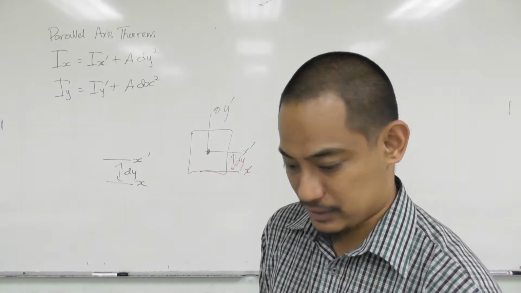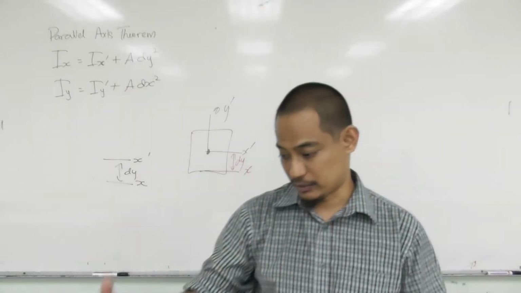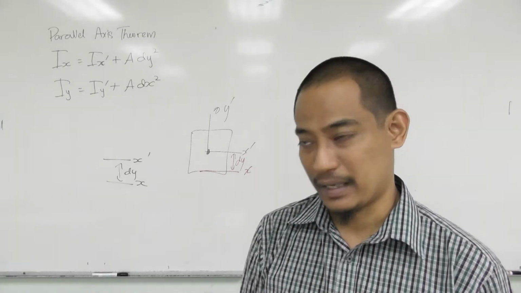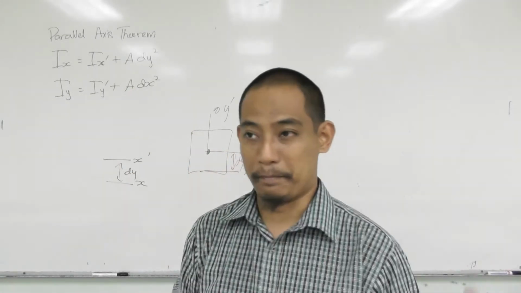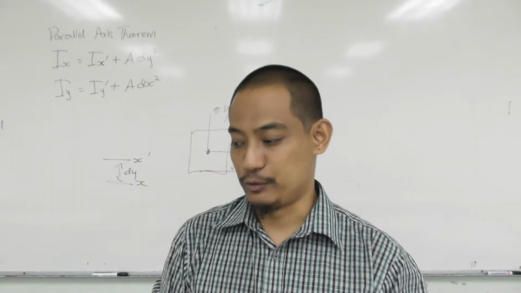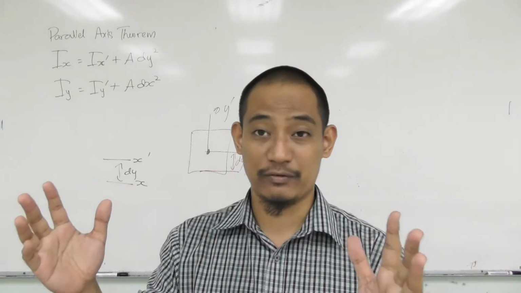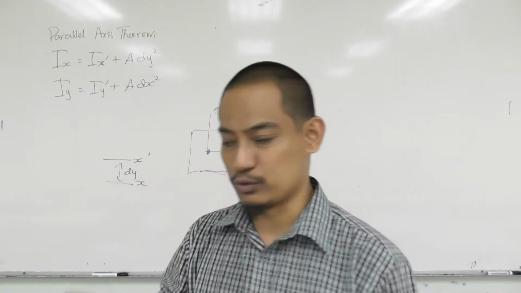And third, you just apply the parallel axis theorem and then you can solve, right? What you are solving is for that particular area. In the end, you just add or subtract to get the summation of the moment of inertia as a whole. So the concept is very easy. We'll go straight into the example.